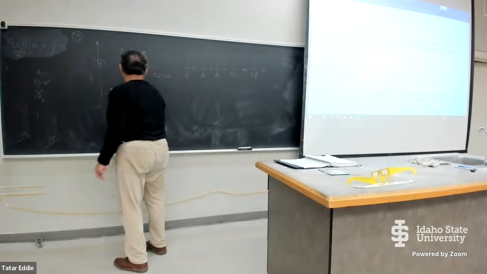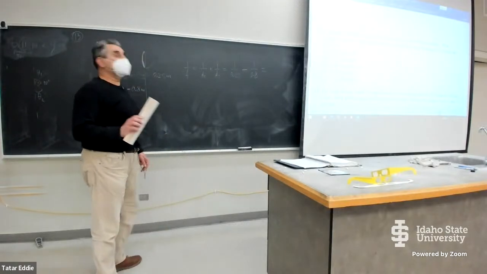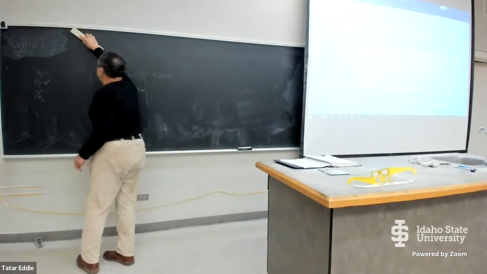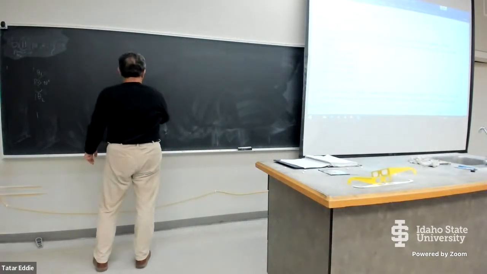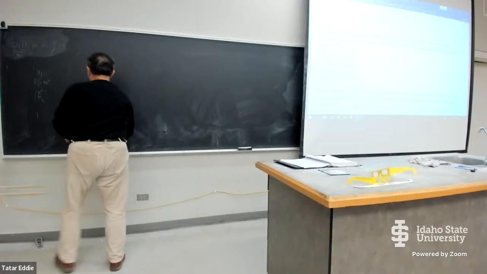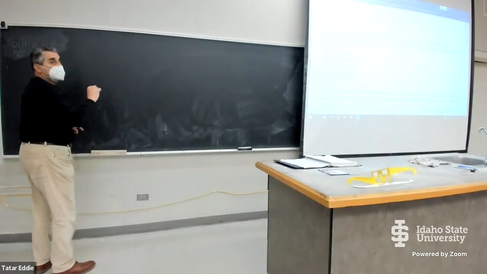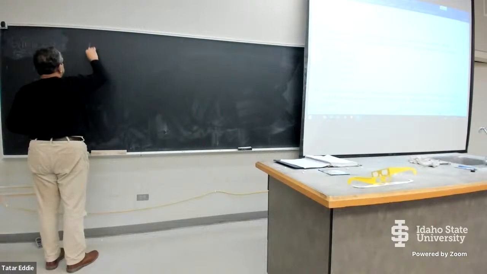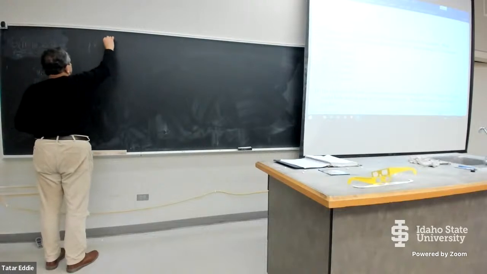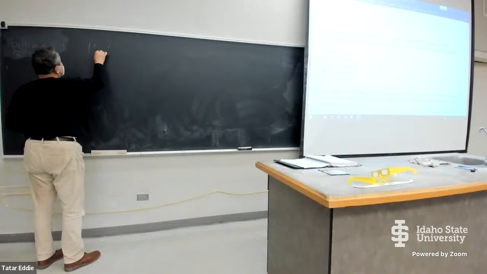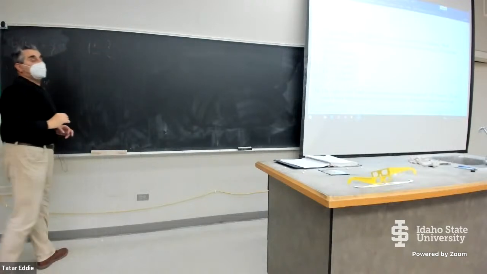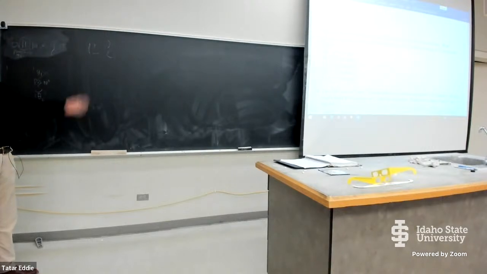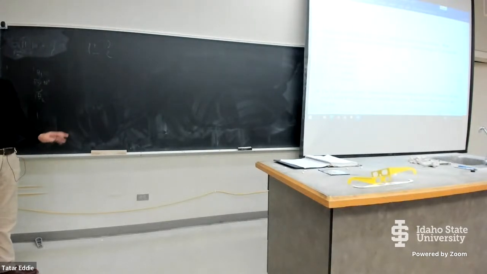Okay, so sign convention for mirrors and lenses. The tricky part of the sign convention is the focal length. Let's start with mirrors. For mirrors, the focal length is positive for concave, negative for convex mirror. HO is always positive, not going to write it.